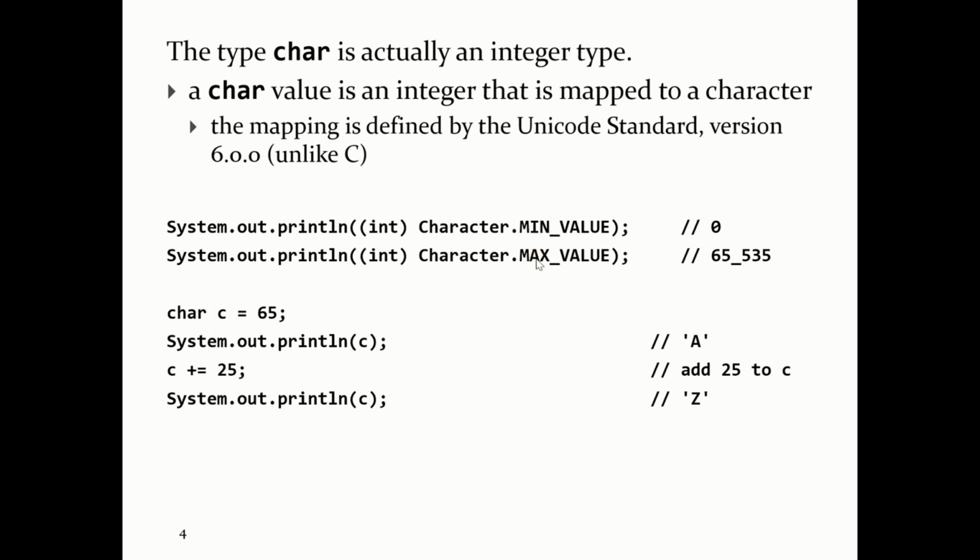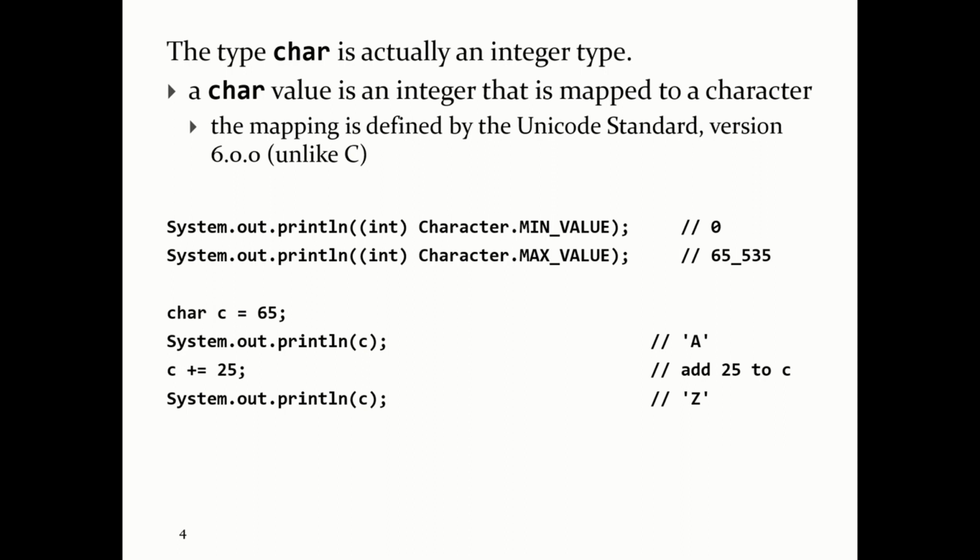The character corresponding to 0 is a blank, and the character corresponding to the max value, I have no idea what that is. It's some funny character. If you actually tried to print it in Eclipse or in Visual Studio Code, you'd probably get either a funny symbol or a solid square or something like that.